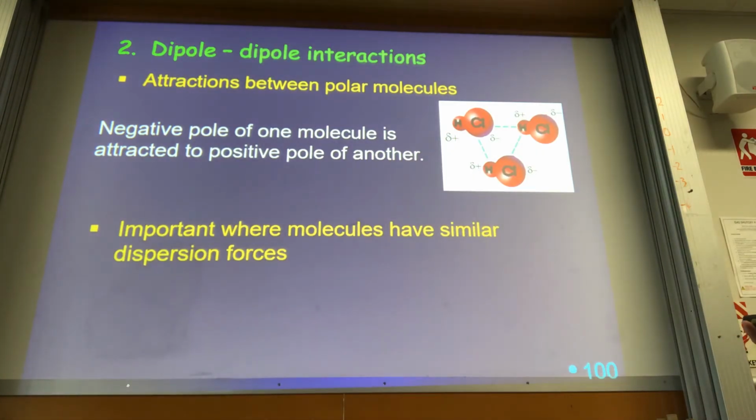Dipole interactions: when you get polar molecules, you get additional attractions on top of the dispersion forces. Because you've got a permanent dipole, you have a positive and a negative end of a molecule. Those can attract each other. And often they're not that significant. They just add a little bit to the strength of dispersion forces.